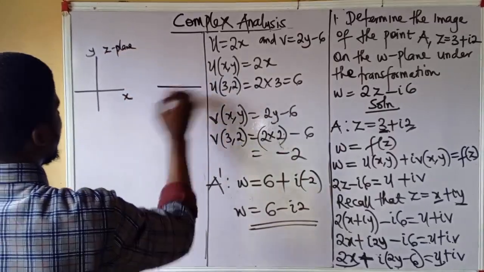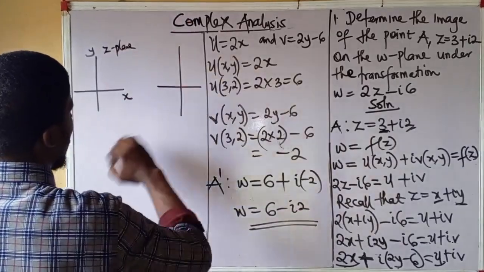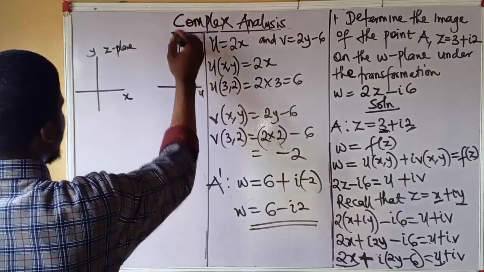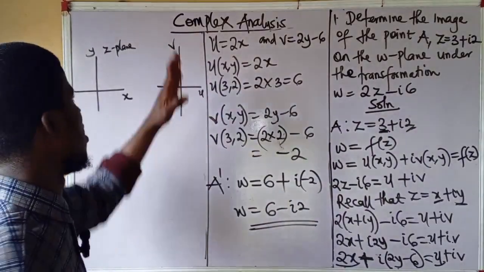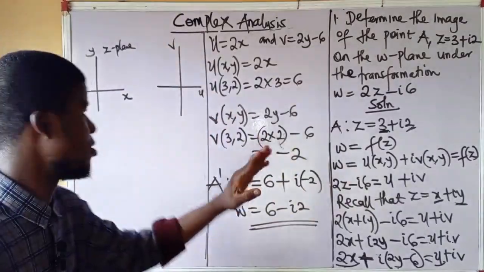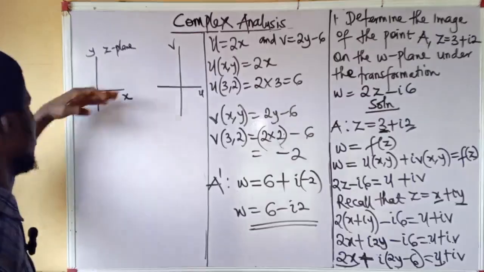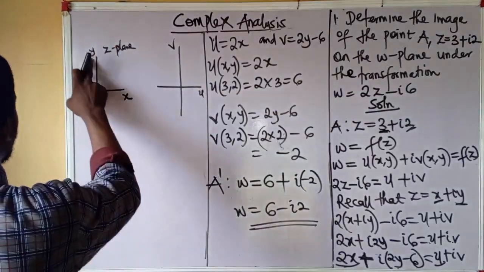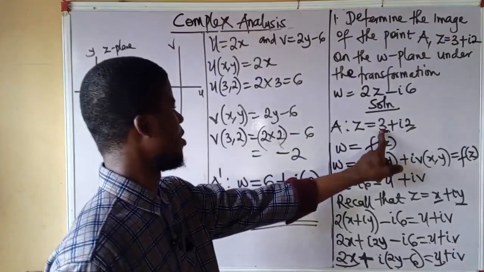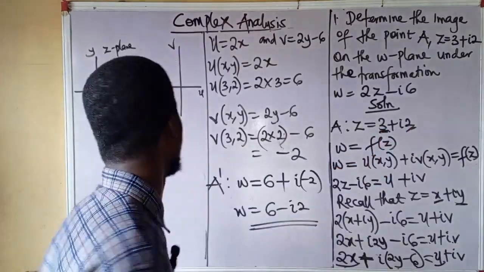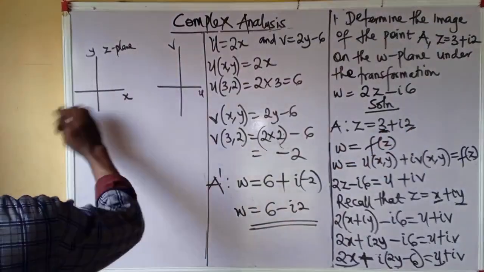In the W plane, we now have the U and the V. The U represents the X axis, the V the imaginary axis. Same thing here. X represents the X axis and Y represents the imaginary axis. So 3 for X, 2 for Y.